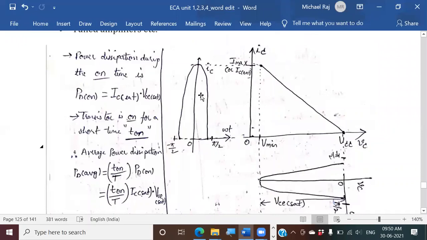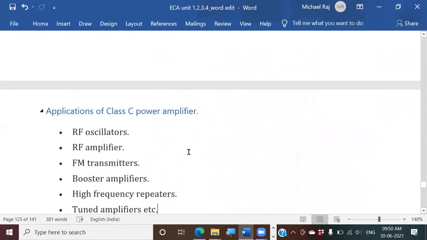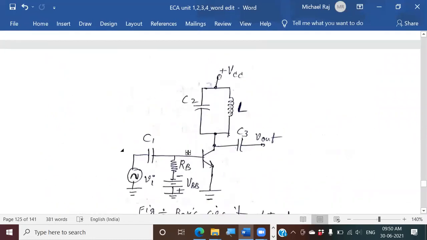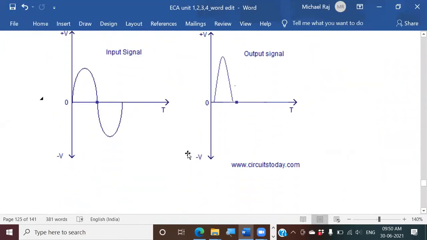Now, what will be the on voltage? We have to consider only the on signal. In class A, we can consider the entire signal because it is conducting for the full cycle, but this is conducting only for a short duration. So now we need to consider the on signal.